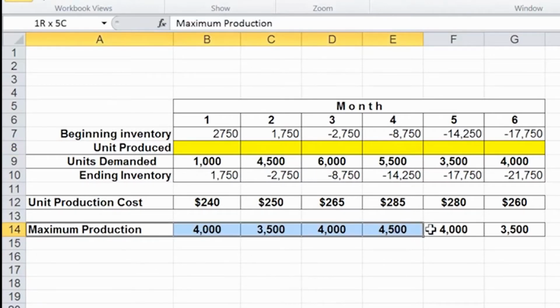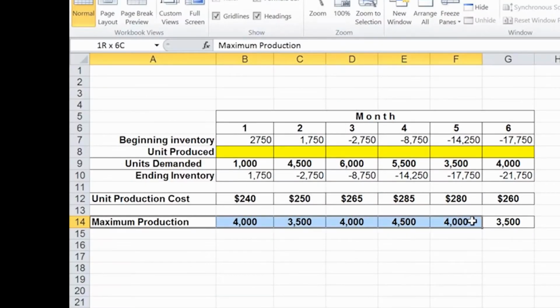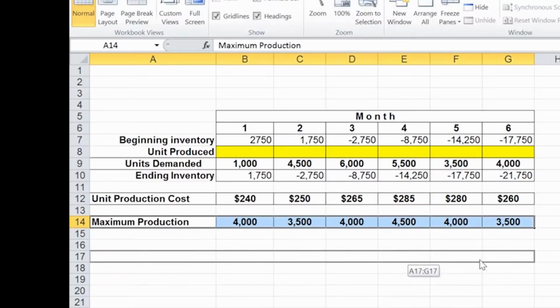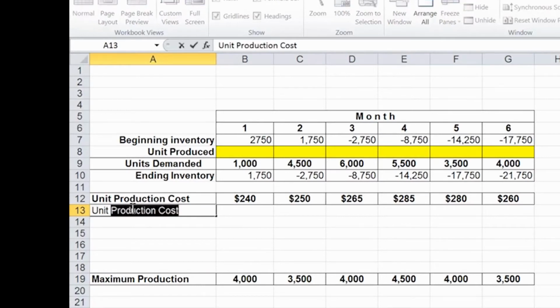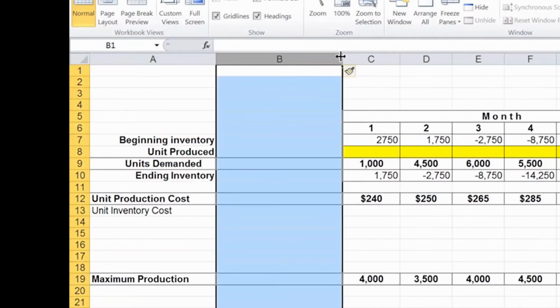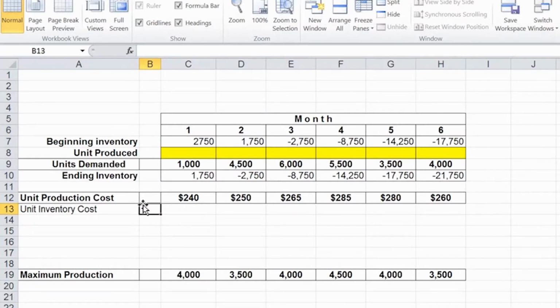So I'm going to move this down a little bit. Okay, unit production cost, because the inventory cost is 1.5%. I'll put the unit inventory cost here. Insert. So I'll put that 1.5%.